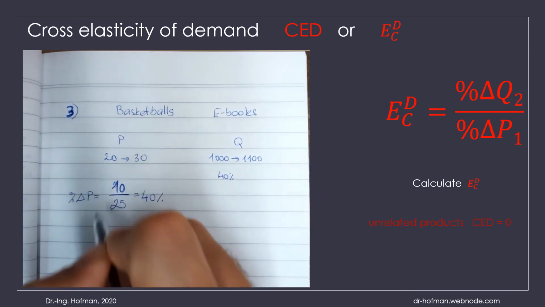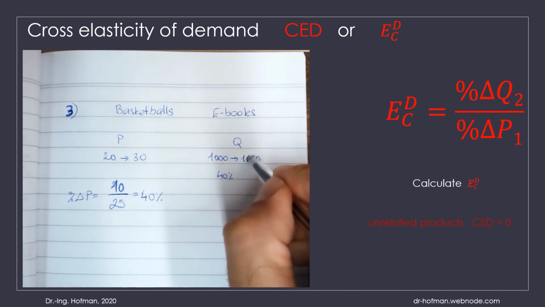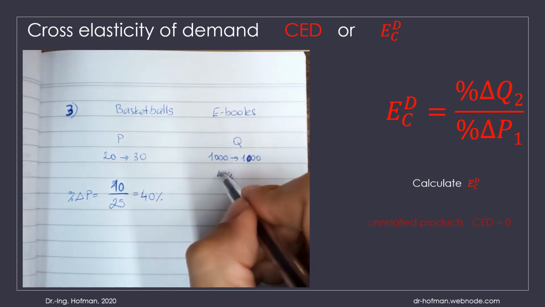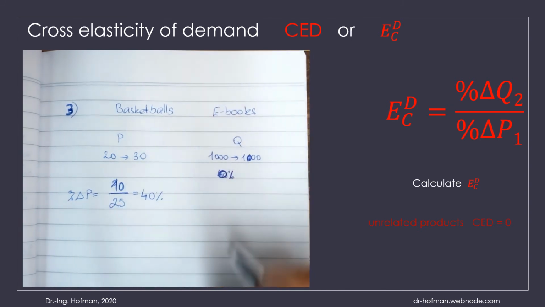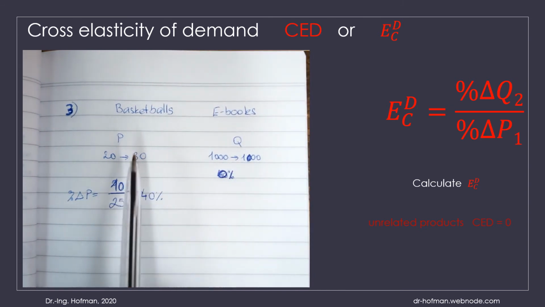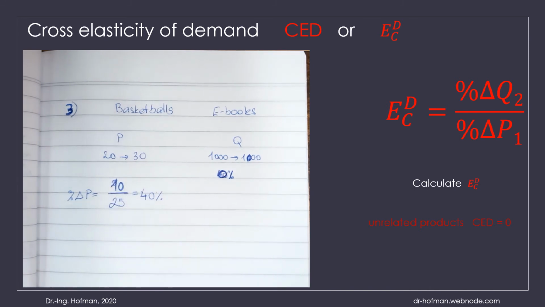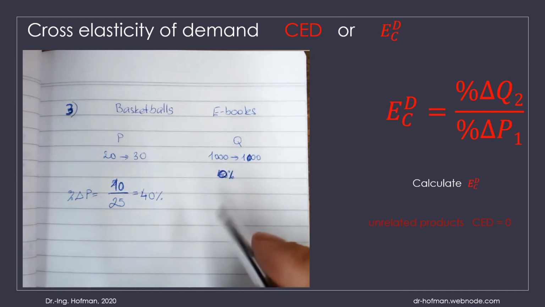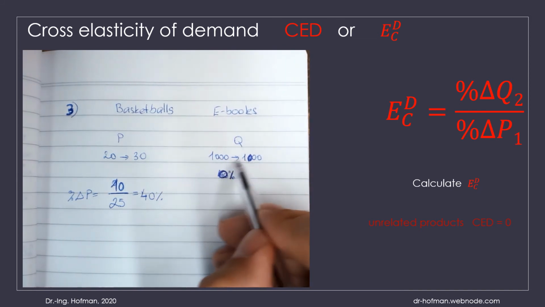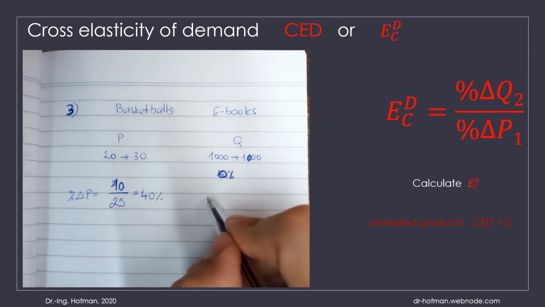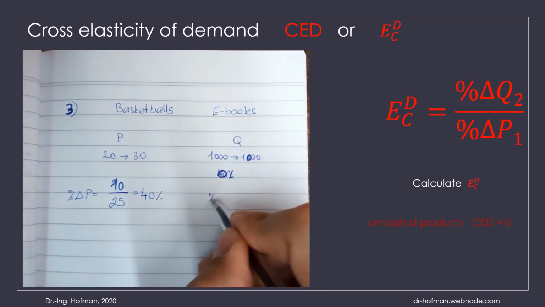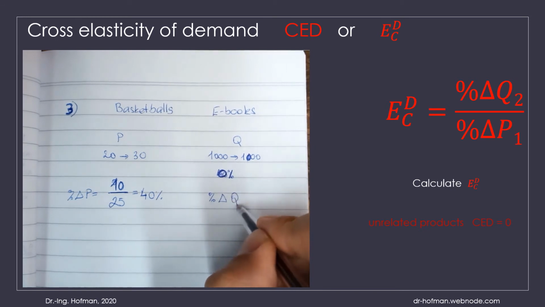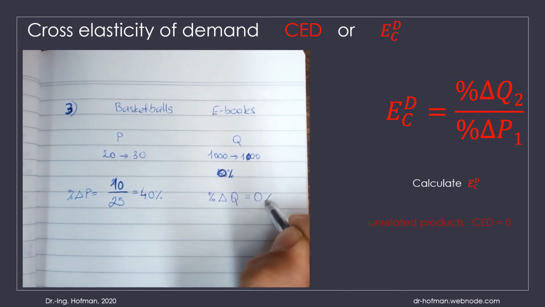And here I will do the zero change in quantity of ebooks, because the price change in basketballs, about 40%, doesn't influence the quantity of ebooks. Those products are not related together. Percent change of quantity is 0% here.